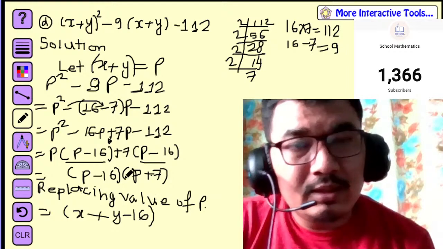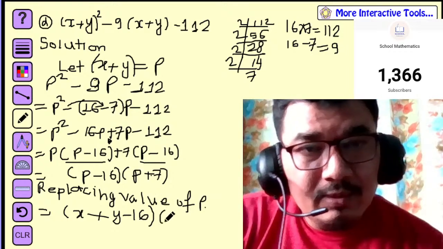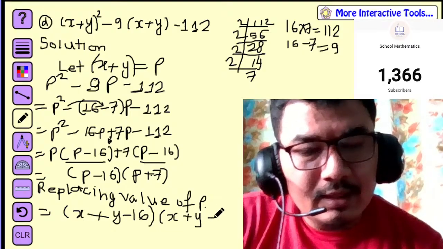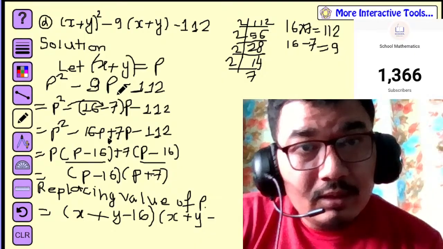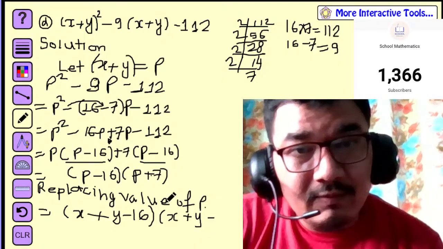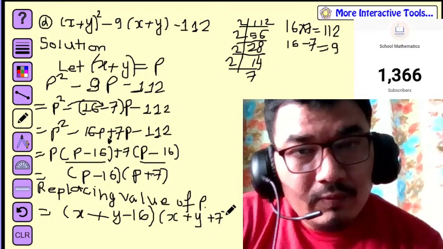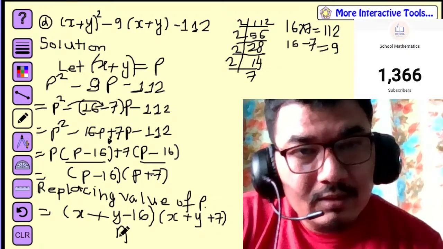And then the next one, this p again, we replace, that is x plus y, and then x plus y plus 7. These are the two factors of this expression.